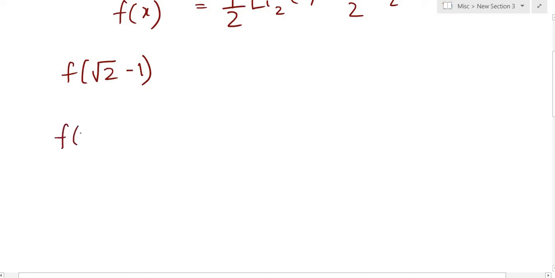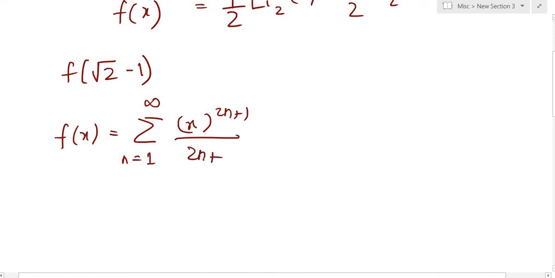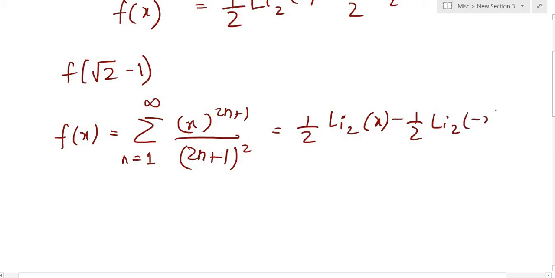So wait, f of x is nothing but the sum from n equals 1 to infinity x to the 2n plus 1 power divided by 2n plus 1, the whole thing squared, is equal to half of the dilogarithm of x minus half of the dilogarithm of negative x plus c. So f of 0, well, 0 in the numerator will make this thing 0, is equal to, well, what's the definition of the dilogarithm?